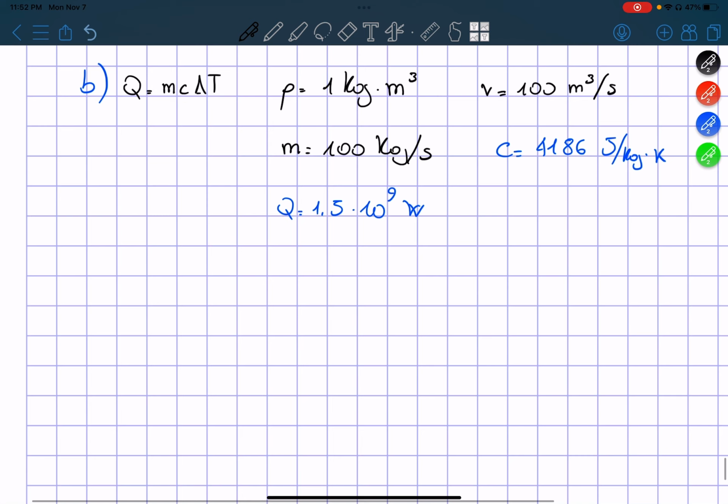Okay, so in order to find delta T, we can do Q divided by m times c.